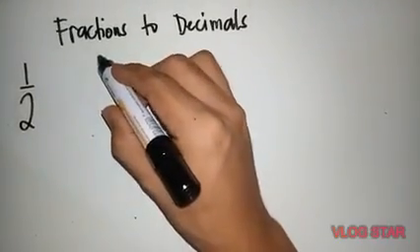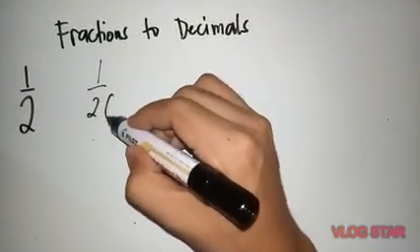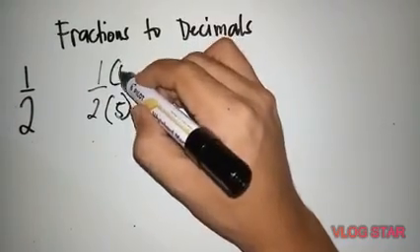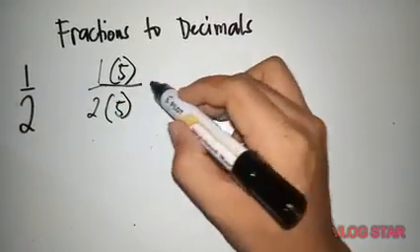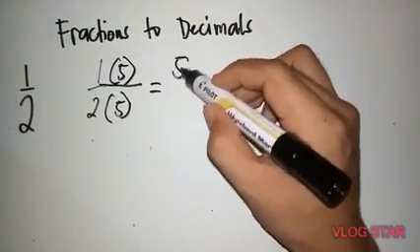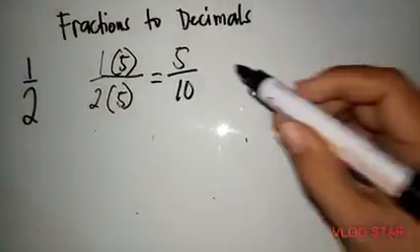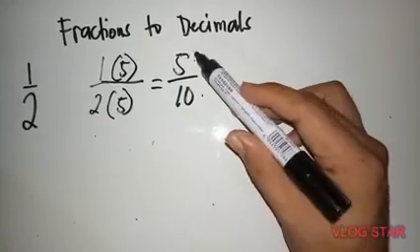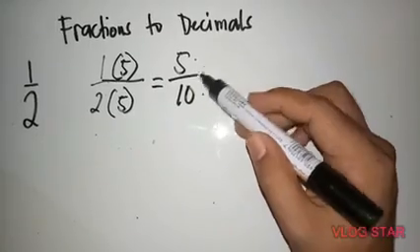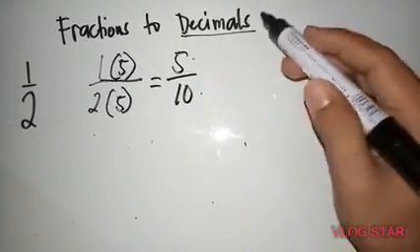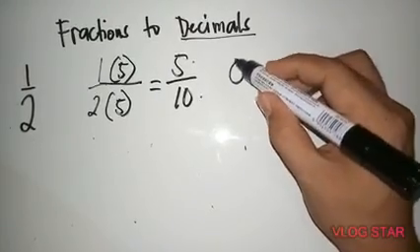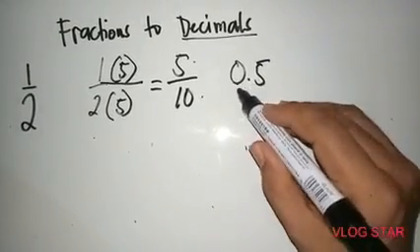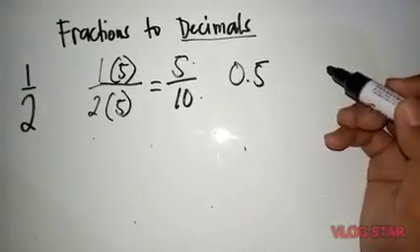In that case, we can multiply 5 to both numerator and denominator. So we get 5 tenths. I will read 5 tenths. If we're going to write this in decimals, you will just write it as 0.5, because we read this as 5 tenths.